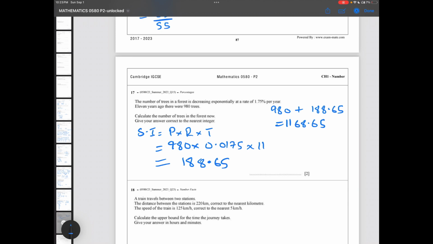We have to give our answer nearest to integers. So if we round this off, due to this 6, it will become 1169. Okay, this is our answer.